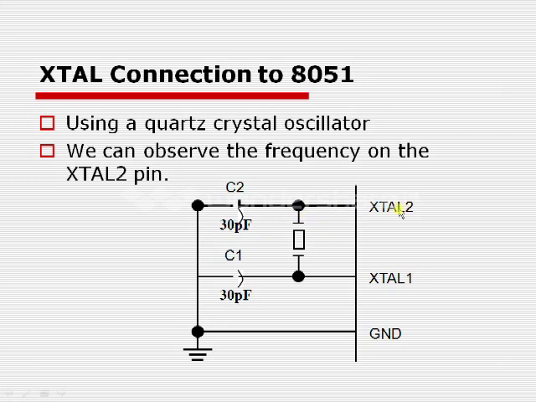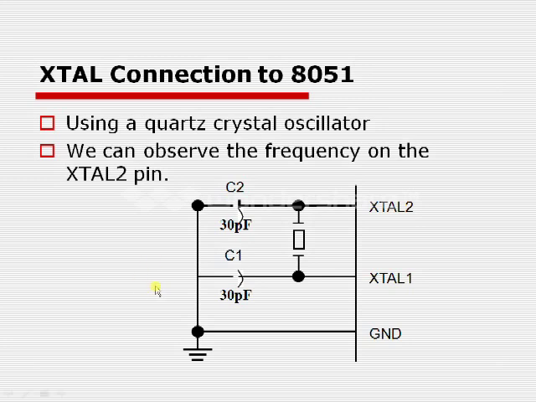So this is how we give the clock signal to the microcontroller. Internally we have an inverting amplifier, so the crystal is nothing but the feedback element. The crystal which we use in the case of the 8051 controller is 11.0592 megahertz, because in order to go with serial communication, we definitely have to use 11.0592 megahertz. This crystal supports serial communication.